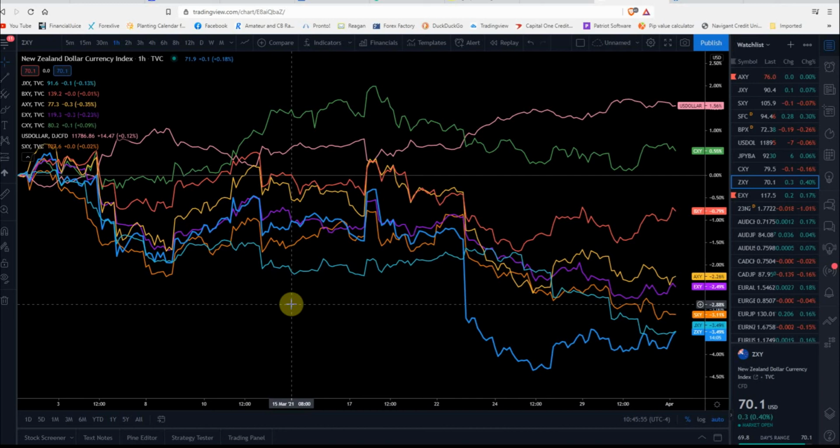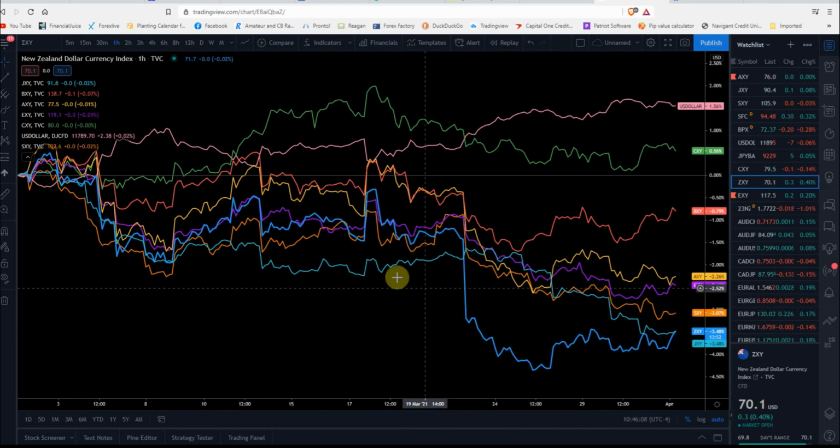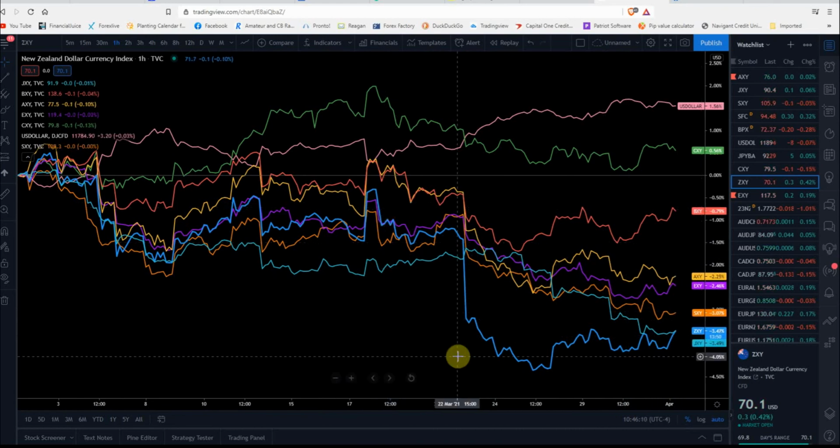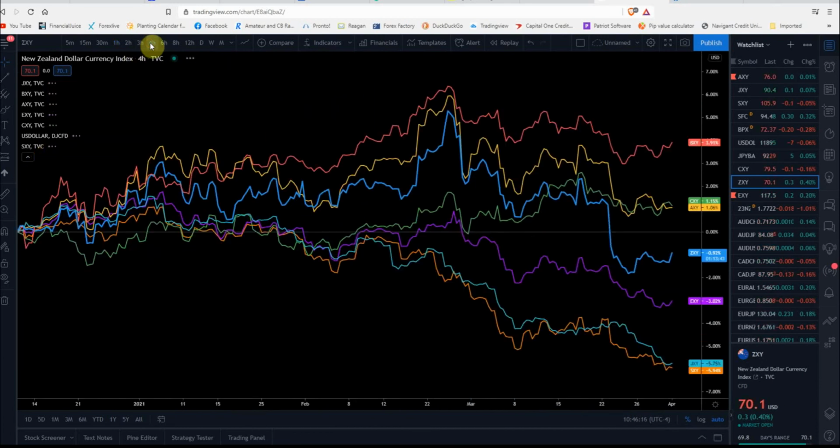Let's see if we can find another one here, maybe at a better time of day. So let's look at the Swiss franc. Yeah, the orange one's the Swiss franc. Let's look at the Swiss franc, because this also moved at that time of day, but I'm trying to find maybe a better time frame here.